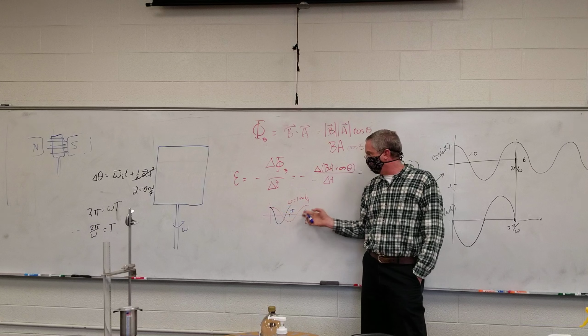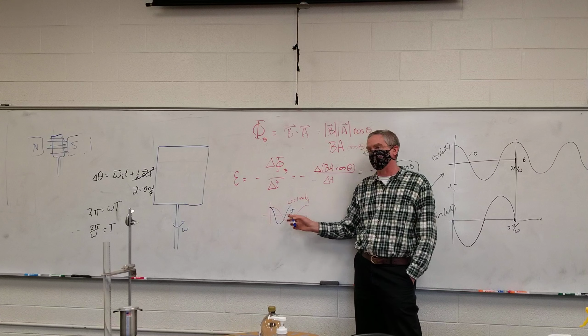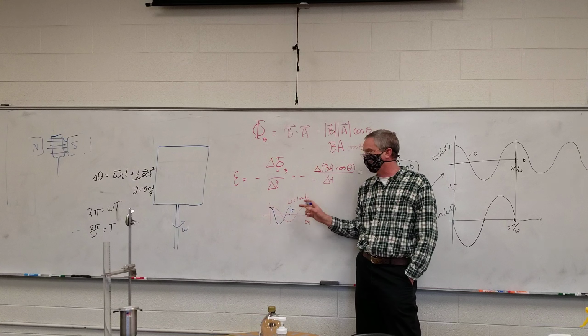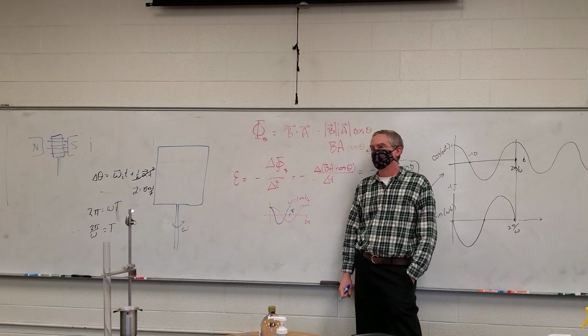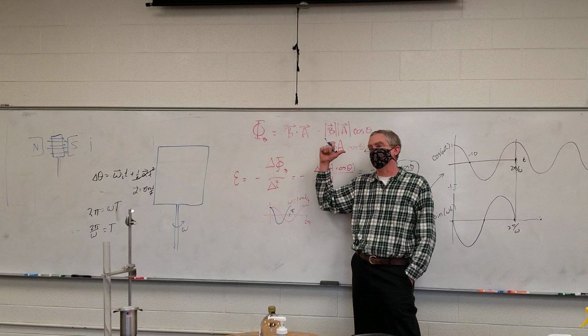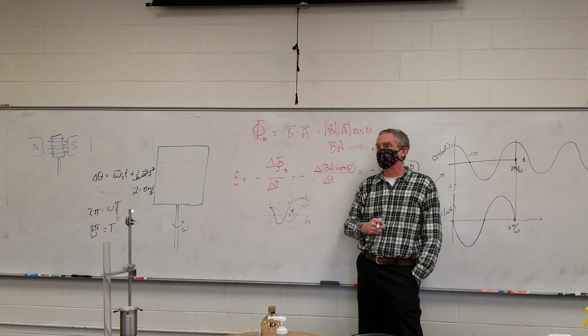So think about this red graph here, and then think about the blue one. What does this tell you about the slope? How does the slope of the blue one compare to the slope of the red one? It's steeper because the frequency is omega. It's angular frequency. In this context, it's angular speed, but once we throw it into the equation, we suddenly call it angular frequency.